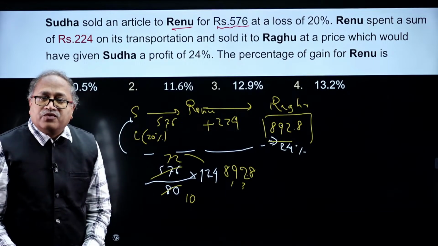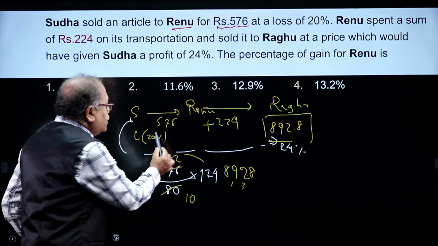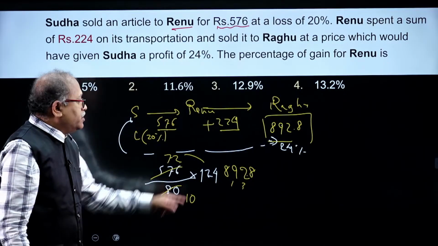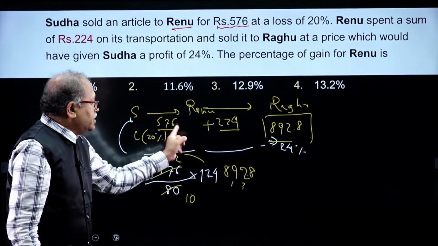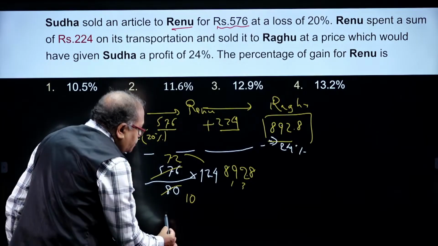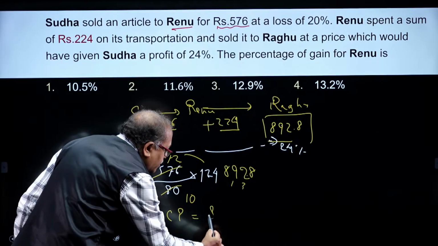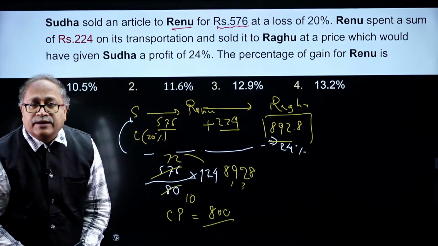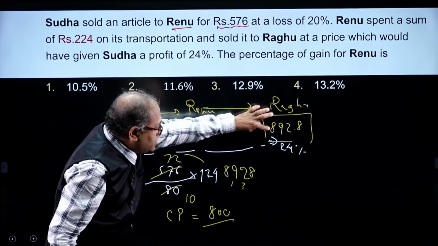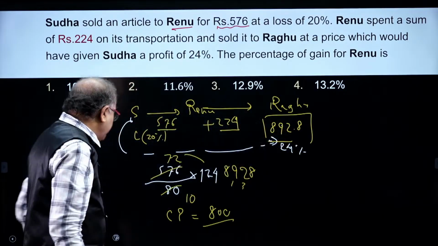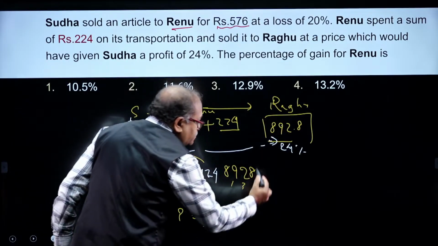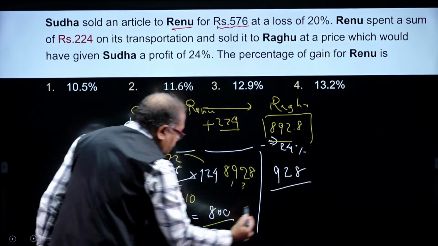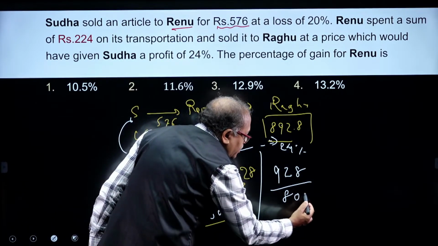What is the cost price of Renu? I need to find out the profit percentage of Renu. The cost price of Renu is 576 plus 224 because of the transportation cost, so that is 800. The CP of Renu is 800 and the SP of Renu is 892.8. When you compare these two, the profit is 92.8. So what will be the profit percentage? 92.8 is what percentage of 800, into 100.